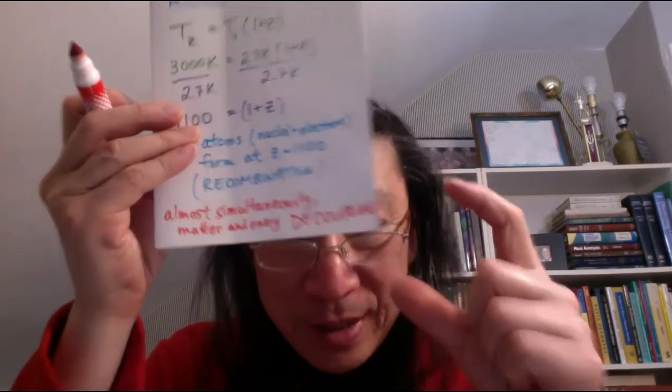These things happen right around redshift about 1,000, between about 1,100 and 1,300. So this is the key point.